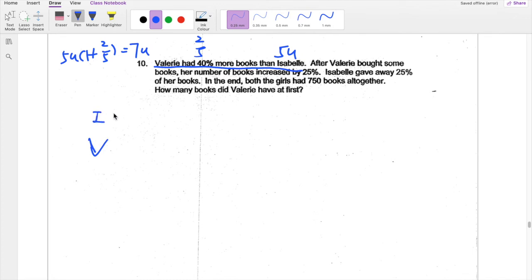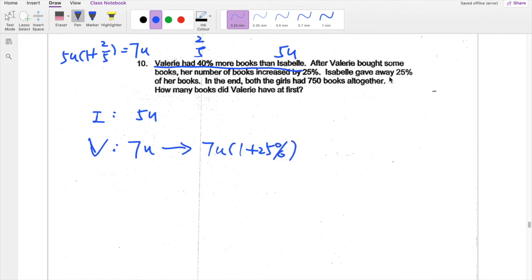So Isabella is 5u initially. Valerie has 7u, right? So here, Valerie bought some books. The number of books increased by 25%. It becomes 7u times 1 plus 25%.